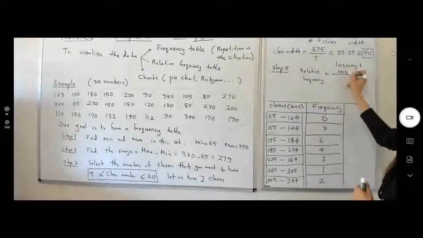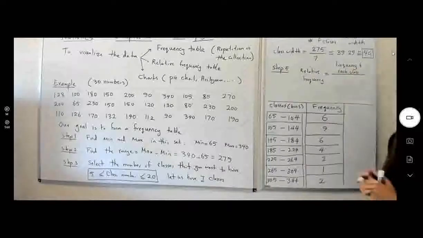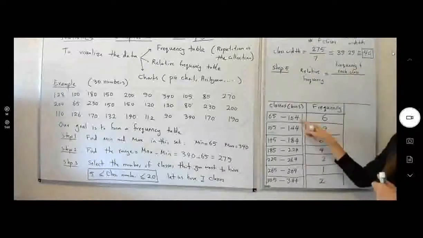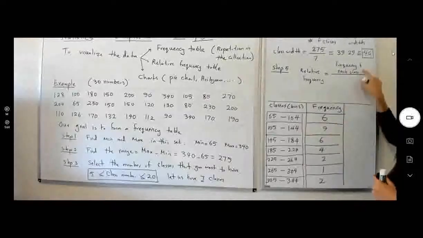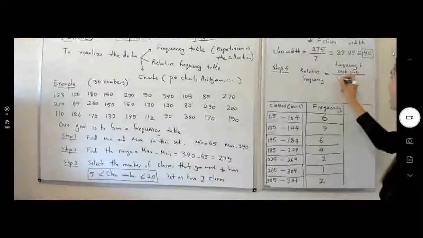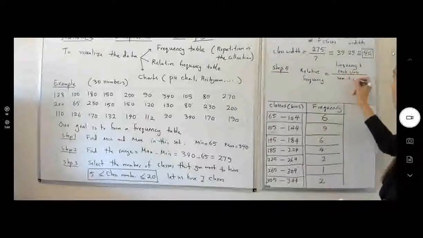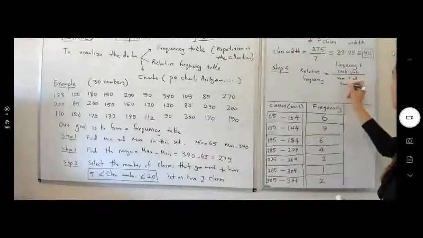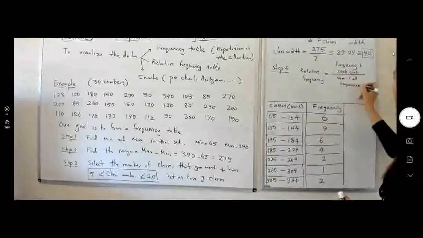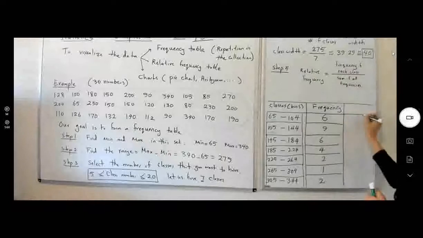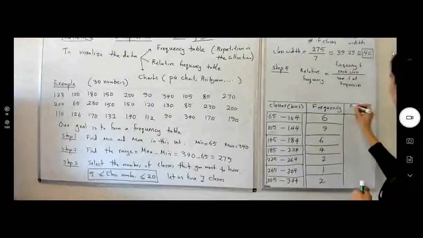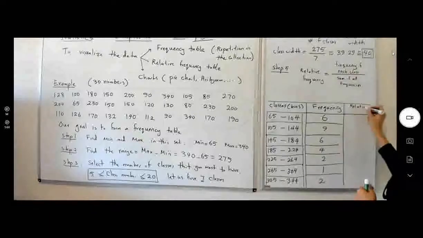So the frequency of the first class is 6. 6 goes on the numerator, divided by the sum of all frequencies. So we're forming the last column, and we call it relative frequency.